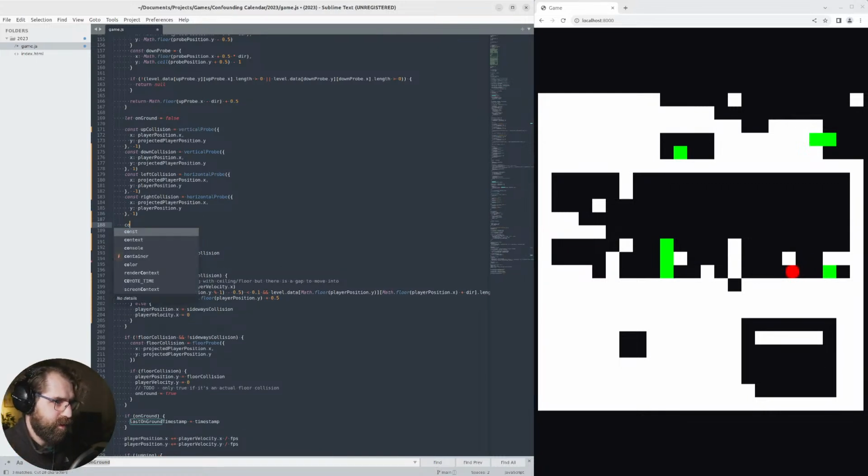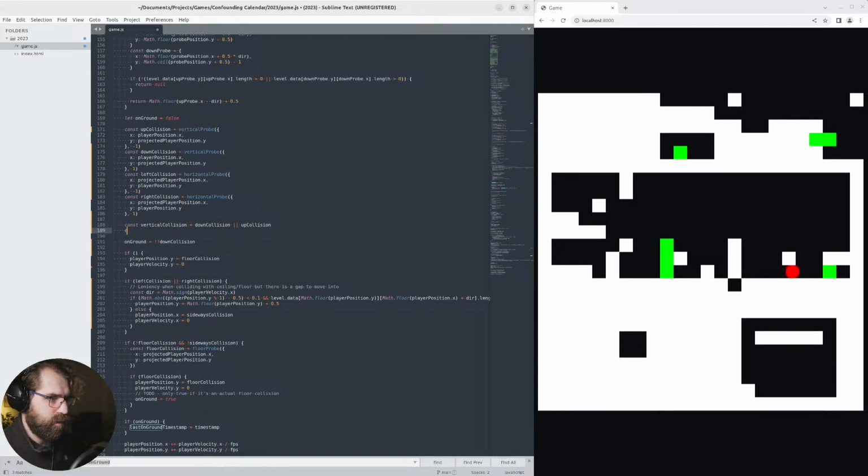vertical collision? Vertical collision. Horizontal collision. So then, if not either. Oh, actually, is that what I want? No, not necessarily.